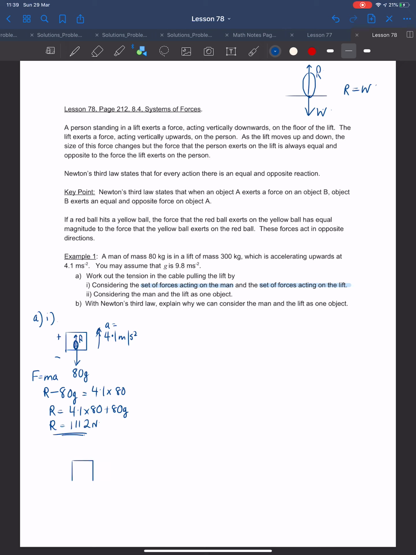Okay, and then if we substitute for a in 1, we get T minus 4 times 9.8 equals 4 times 5g over 13.